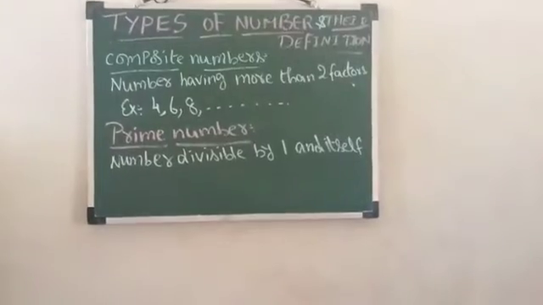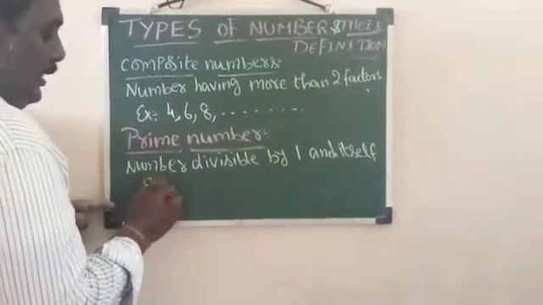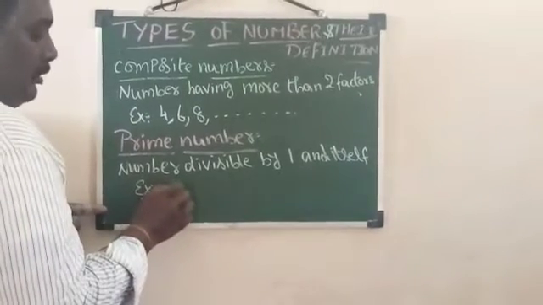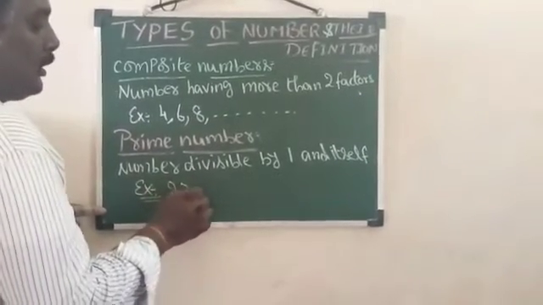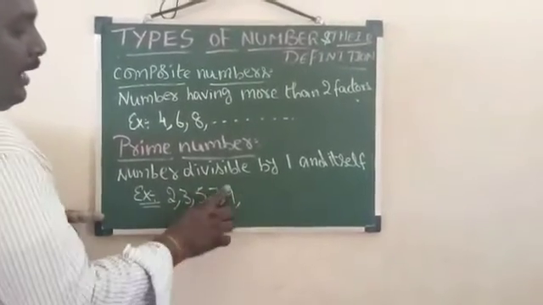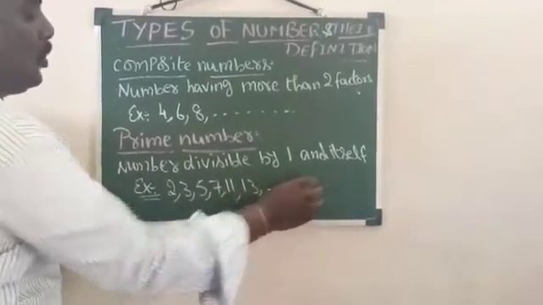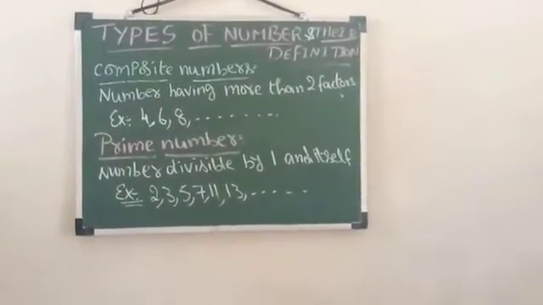Examples: 2, 3, 5, 7, 9. 9 will not be there, and 11 it will be, and 13, and so on. They are the prime numbers.